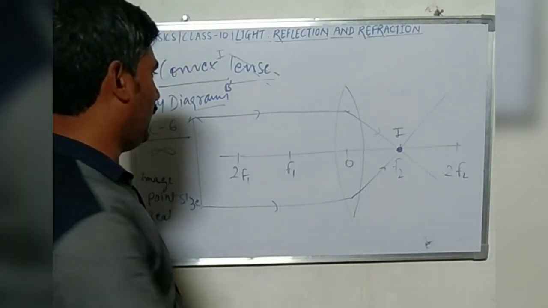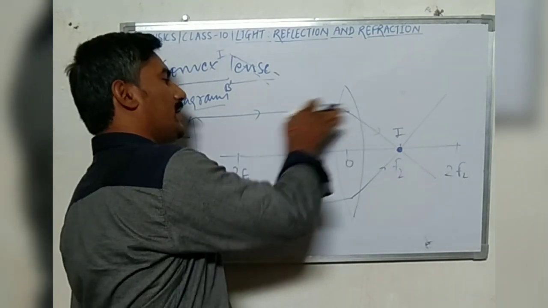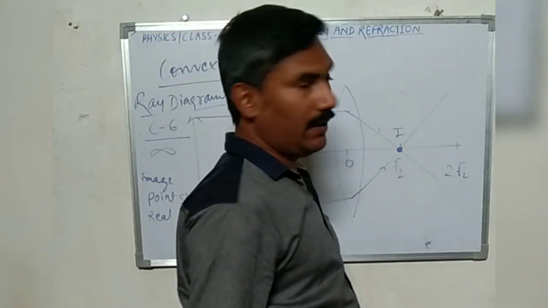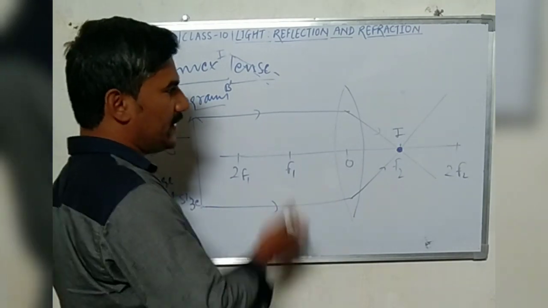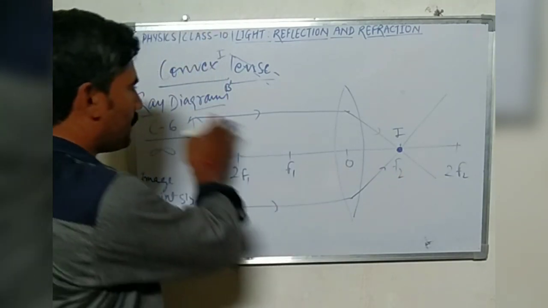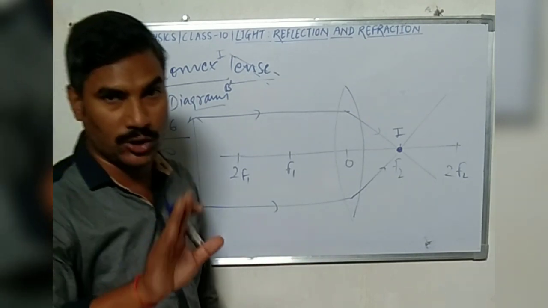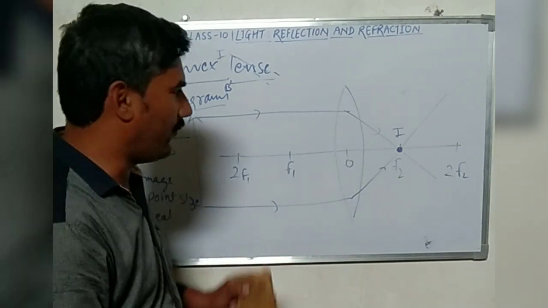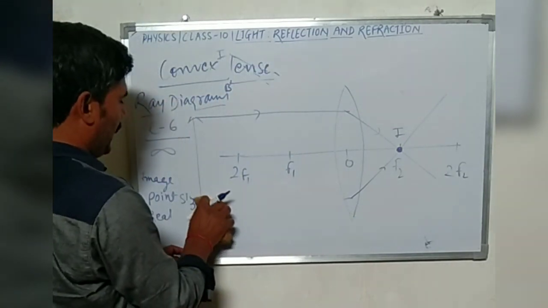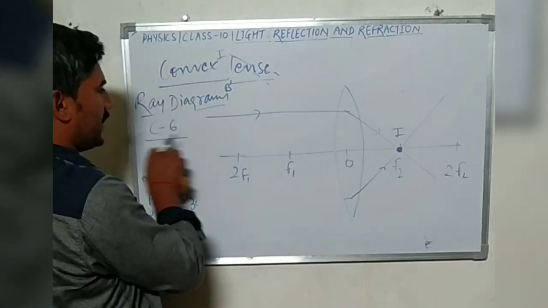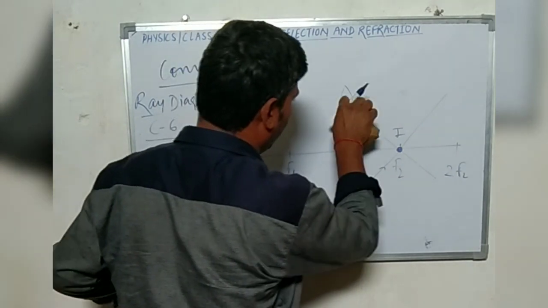But this is happening when rays are parallel to the principal axis. But what will be the case, or where will the image form, when rays are parallel to each other but not to the principal axis? When rays are parallel to each other, means they are coming from infinity.